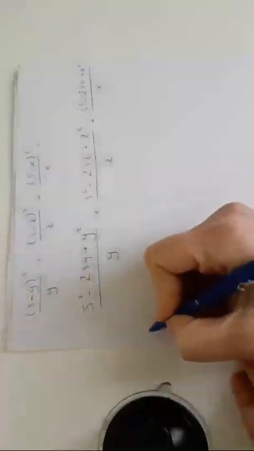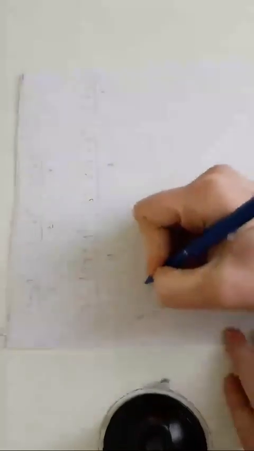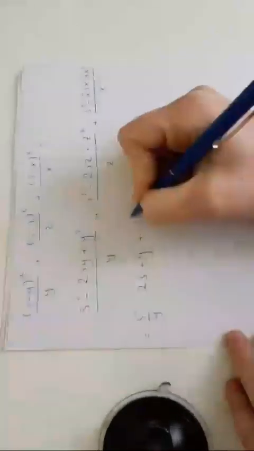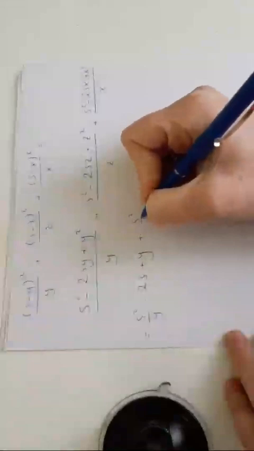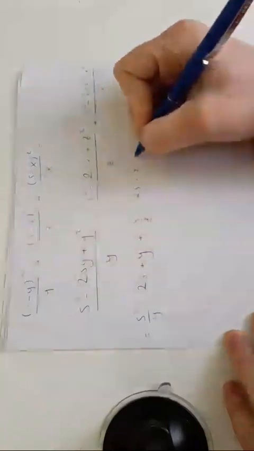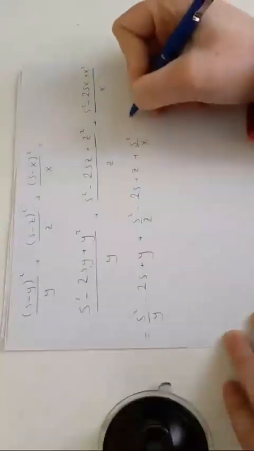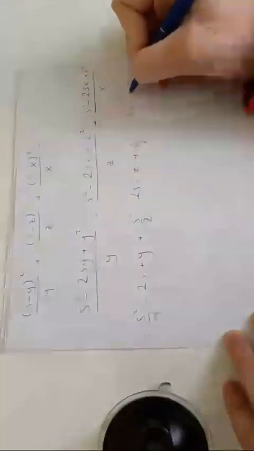Now if we write separately again, I will get s squared over y minus 2s plus y, plus s squared over z minus 2s plus z, plus s squared over x minus 2s plus x.